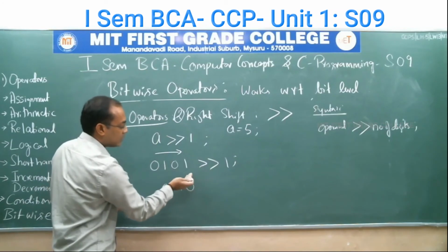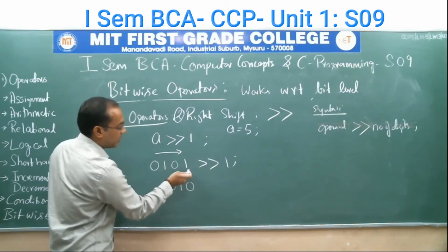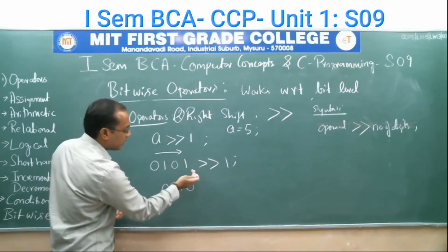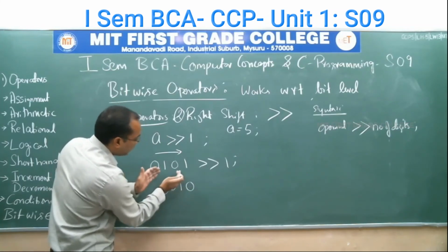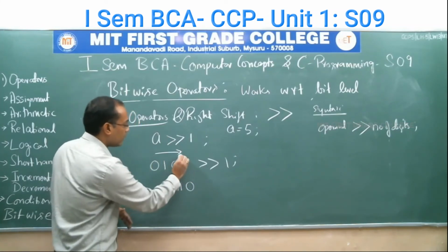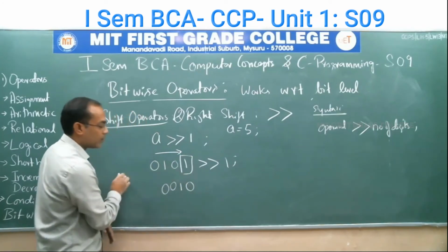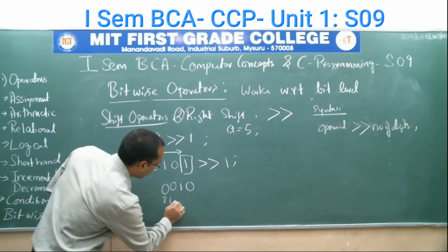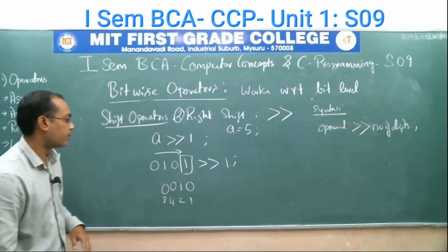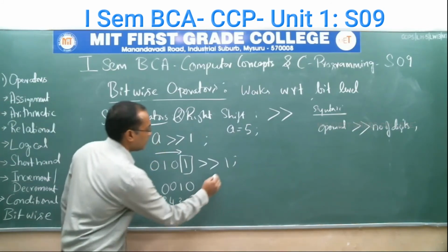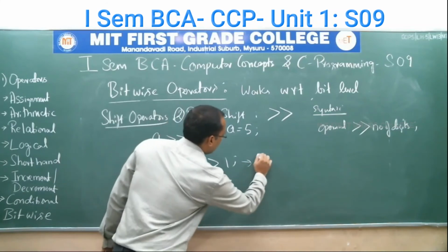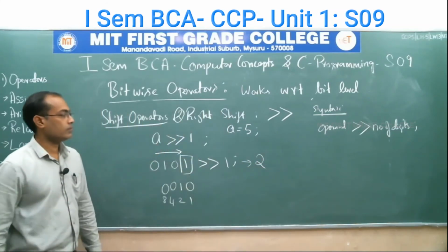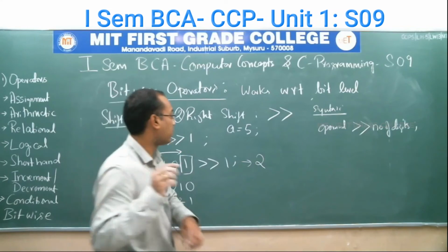We have to discard this one and just move the rest of the bits, keeping only this much. Then calculate 8421, that is the decimal form. What is the value you got? Answer is 2. Okay? Now we'll take one more example.